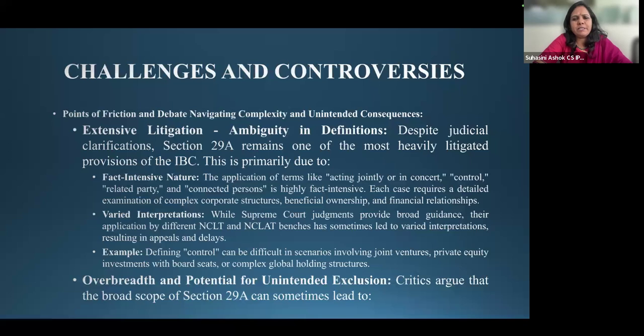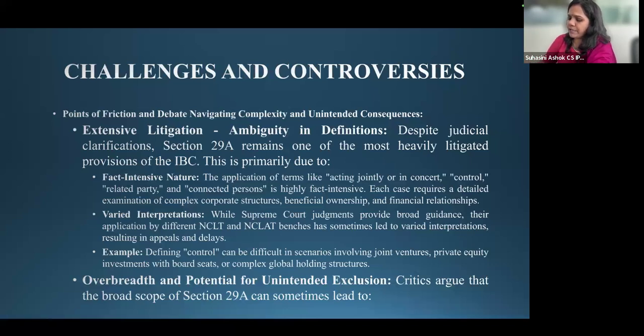Due to extensive litigation and ambiguity in definitions, Section 29A remains one of the most litigated issues. There are many issues which are coming up for litigation. However, the Supreme Court has clarified in three cases, Swiss Ribbons, ArcelorMittal, and also one more case, Monnet Ispat.